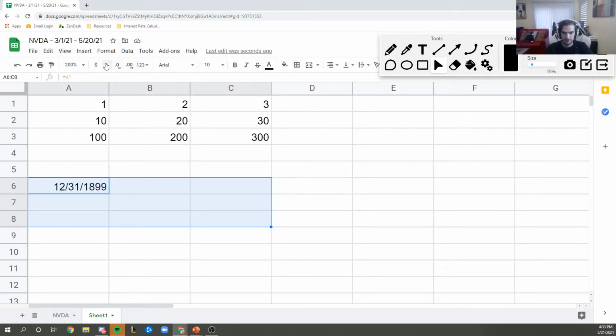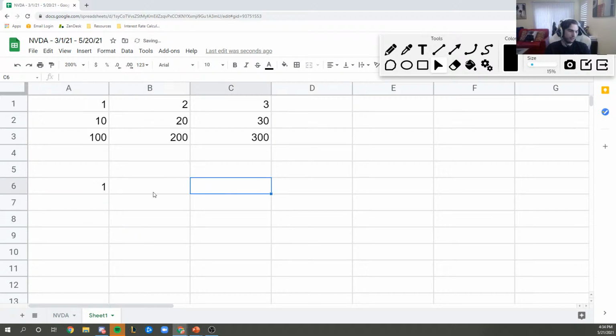Let me convert this to a number. And let's get rid of our decimal places. Okay. So right now we are referencing A1. If we drag it across, we will see that it goes from A1 to B1 to C1. If we drag it down, we'll see that it goes from A1 to A2 to A3.